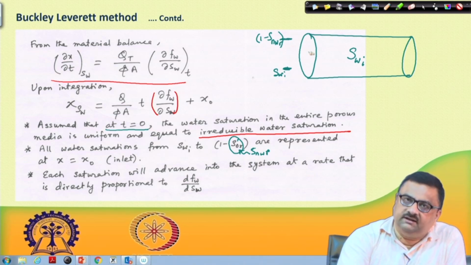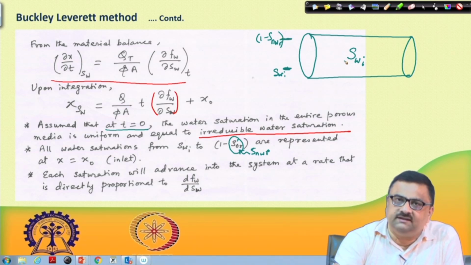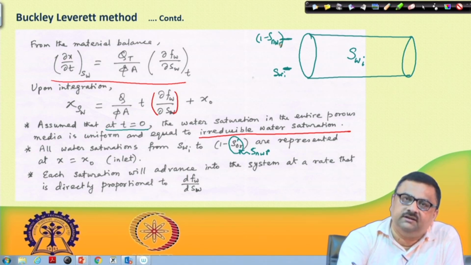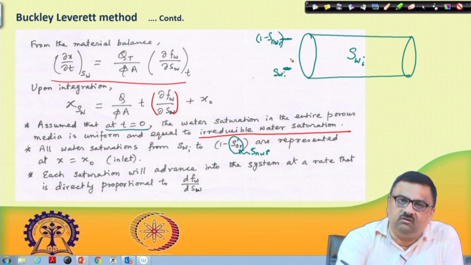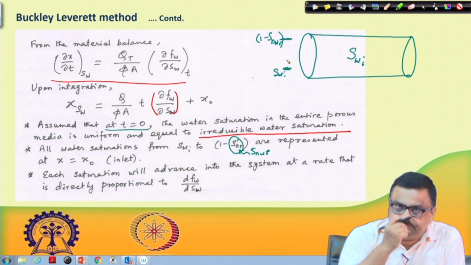When you start injecting the wetting phase, at the inlet the saturation would be 1 minus SNWR. You cannot go beyond that, because you have to leave the residual saturation SNWR in the porous medium, even after 20 or 1000 pore volumes of wetting phase injection. Still there would be non-wetting phase remaining, and that saturation is SNWR. So, this is the limit within which the water saturation can be changed.